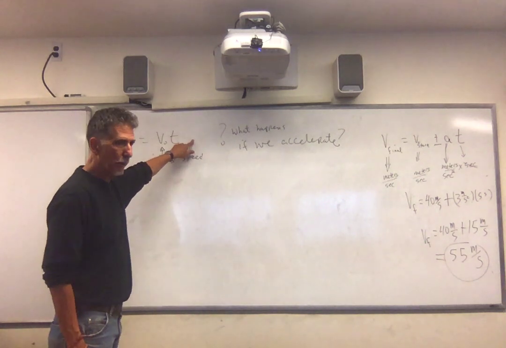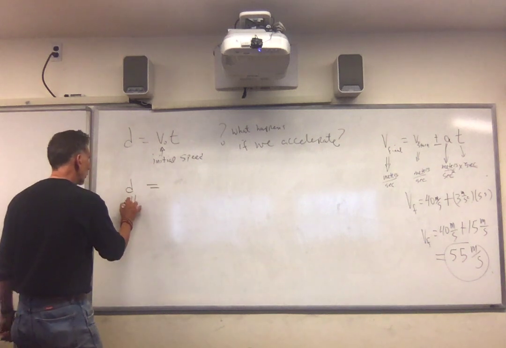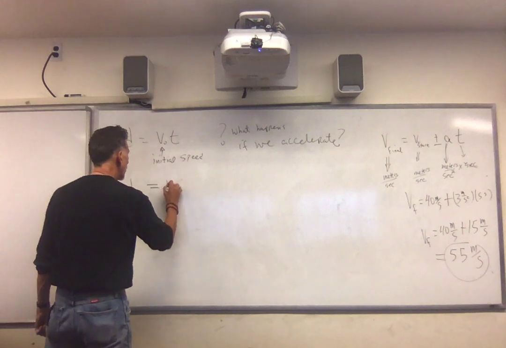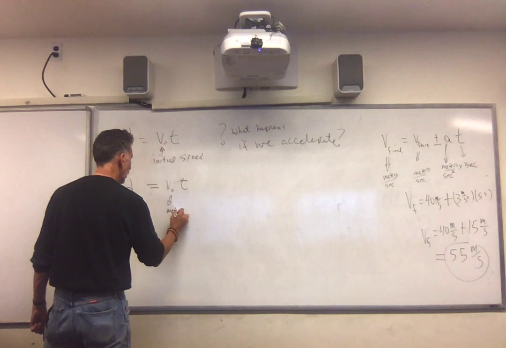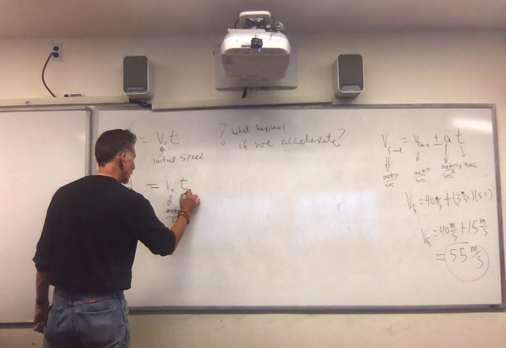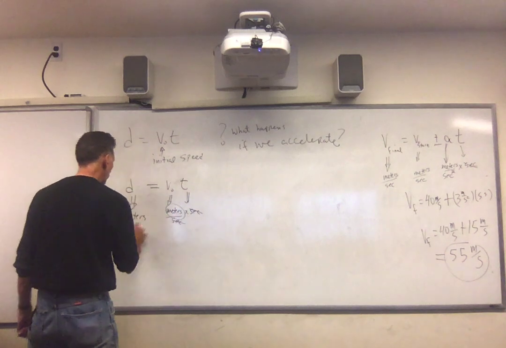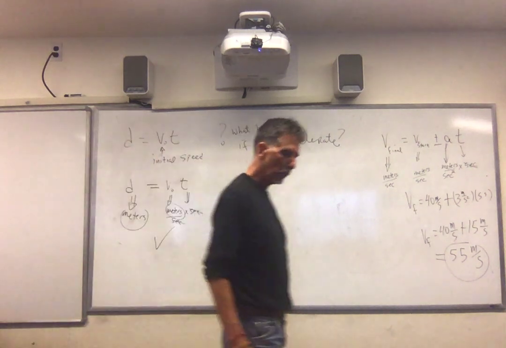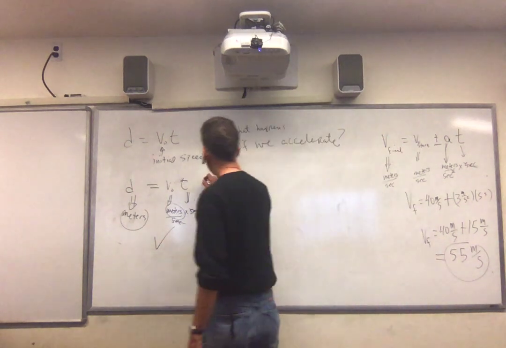Suppose we accelerate. So watch this. D is equal to, we agree this is meters. V0t, this is meters per second, and this is seconds. So the seconds go out, we're left with meters. Good, good. Meters equals meters. That's good. It's the way it's supposed to be. But now if we accelerate, just watch.